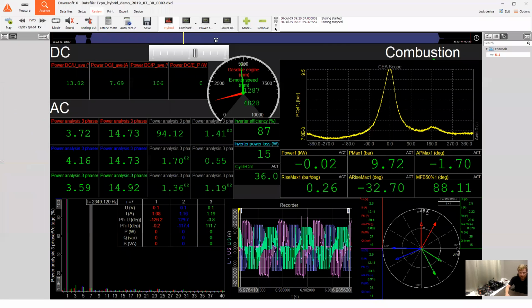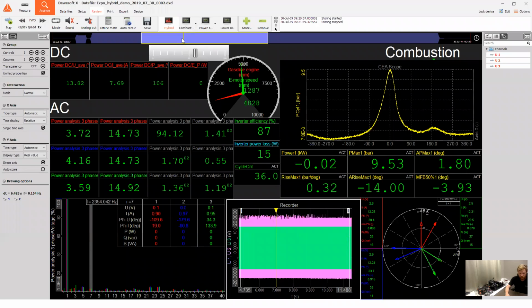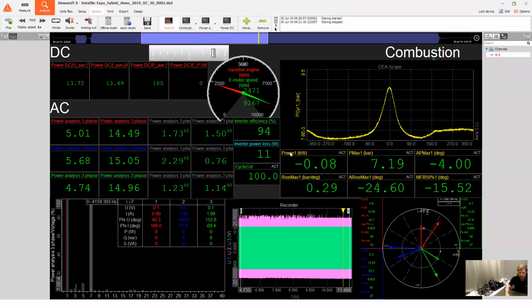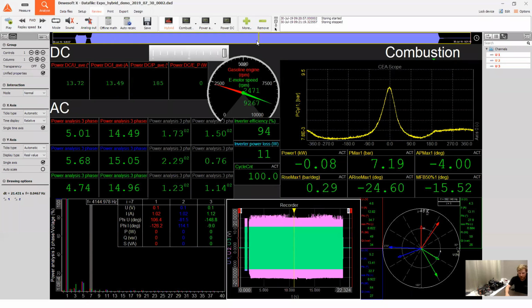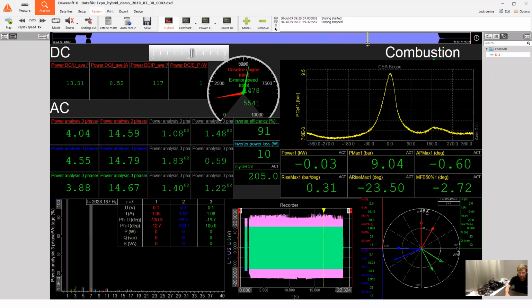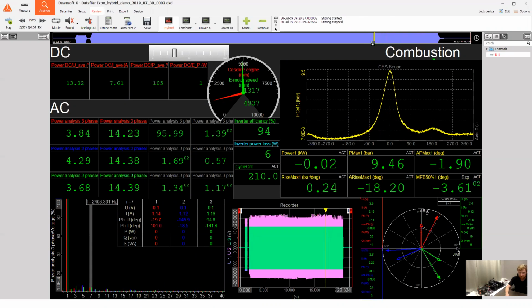And we can also evaluate pressure in the angle domain. So as we are changing the velocity of the engine, we can also see a change of the pressure inside the cylinder. Here is when we reduce the velocity.